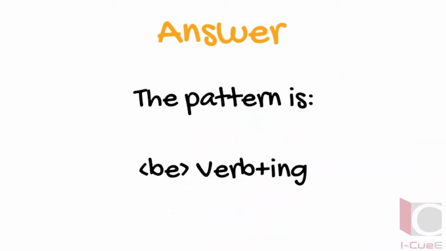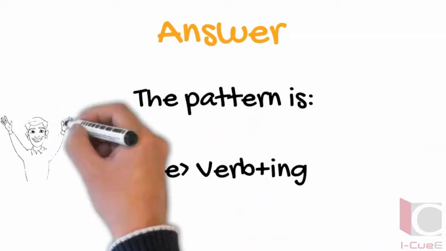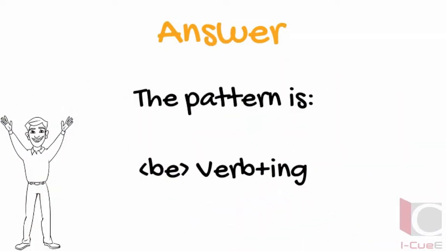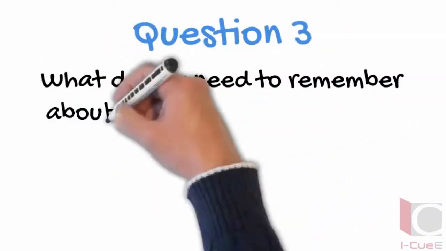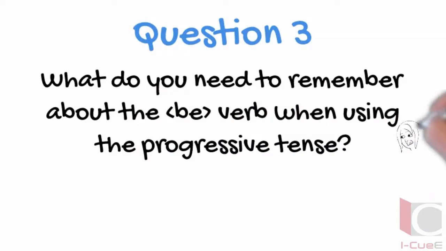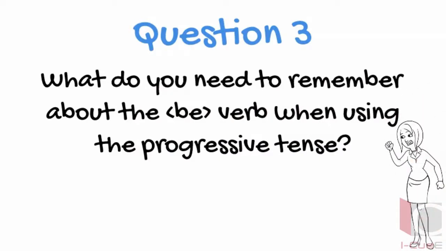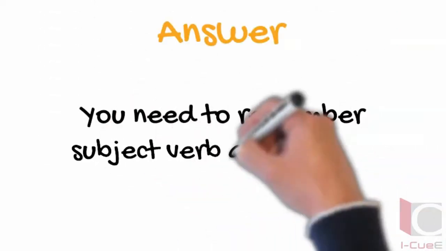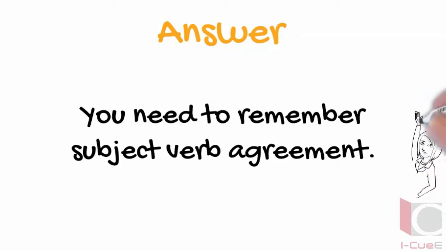The pattern is be verbing. What do you need to remember about the be verb when using the progressive tense? You need to remember subject-verb agreement.